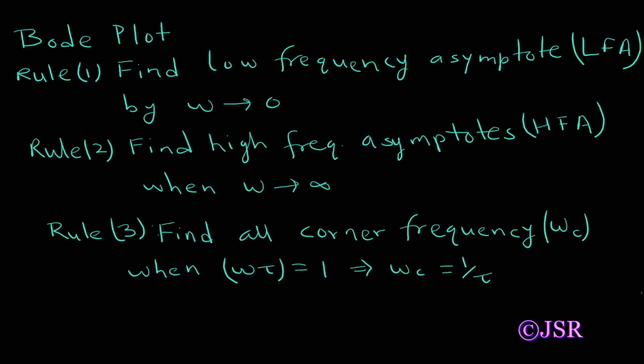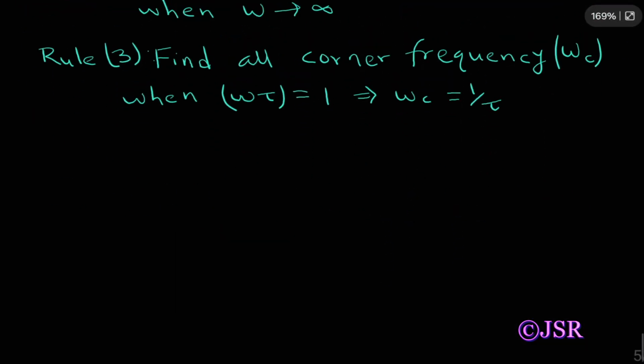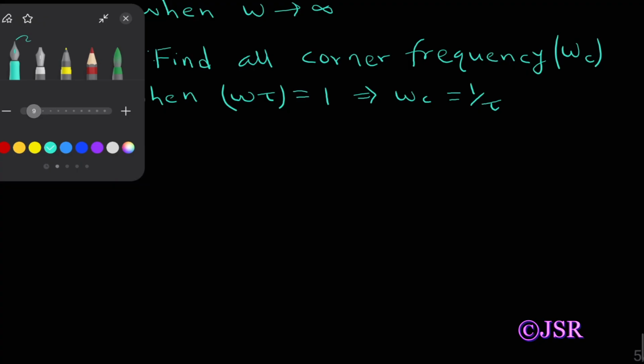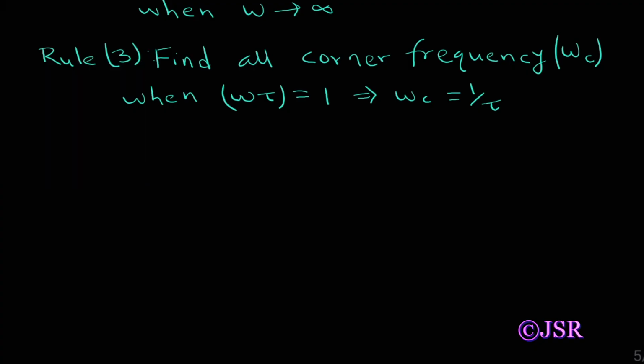So once you know all these corner frequencies and the low frequency asymptote as well as the high frequency asymptote, we can plot the Bode plot for the amplitude ratio as well as the phase plot. So now let's start with the gain plot.